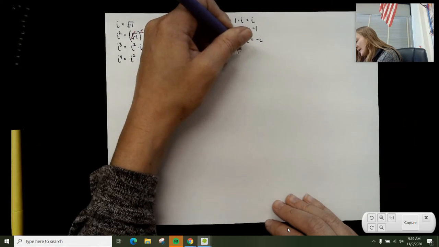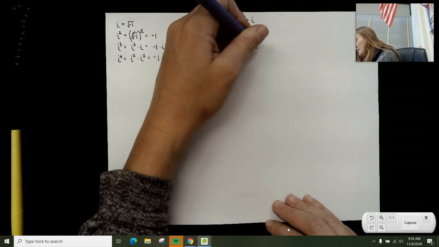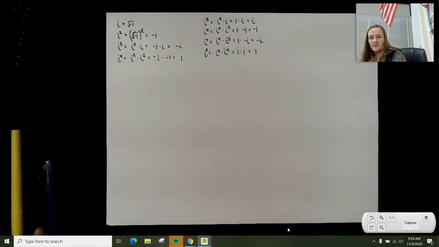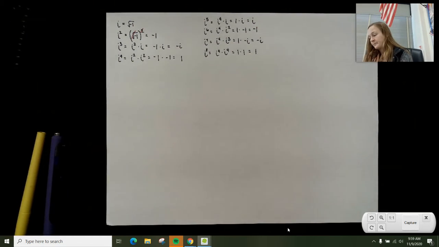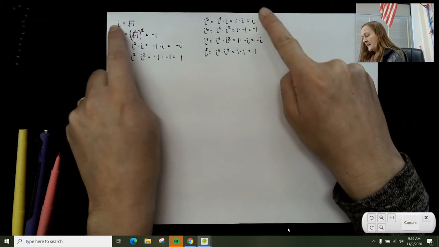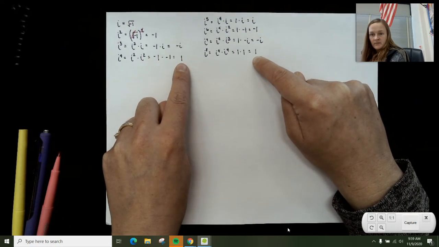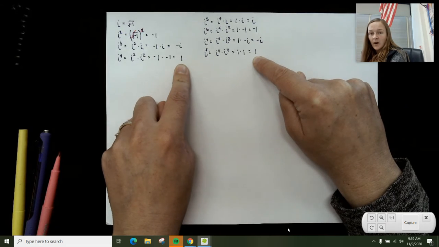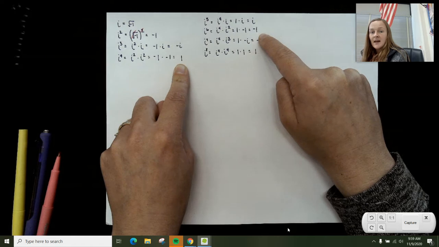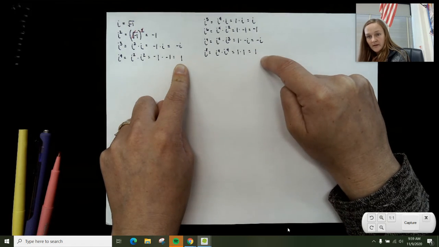And that equals 1 times 1, which is equal to 1. Notice the cycle: i, -1, -i, 1. So every 4 values of the exponent goes i, -1, -i, 1.